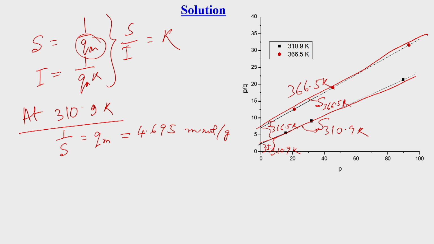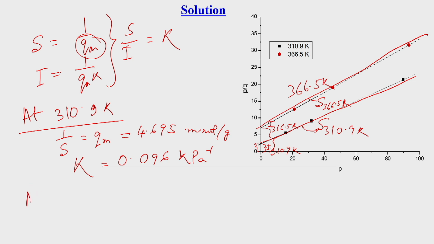The intercept we also need to find out, and from slope by intercept, using the qm, we get K equal to 0.096 kilopascal inverse.